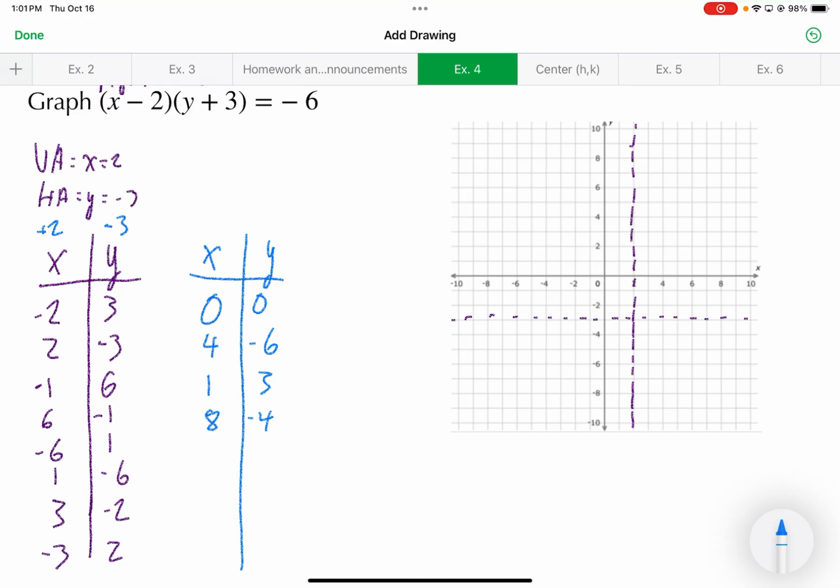And then -6 plus 2 is -4, and then 1 minus 3 is -2. And then I would have 1 plus 2 is 3, and then -6 minus 3 is -9. And then 3 plus 2 is 5, -2 minus 3 is -5. And then -3 plus 2 would be -1, 2 minus 3 is -1.